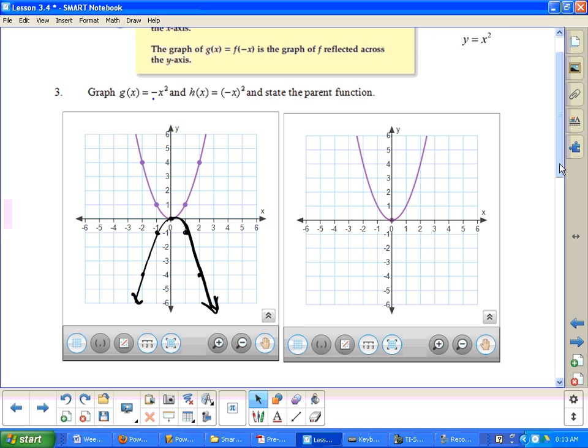Now, this one says the negative x, that whole thing squared. So think about it though. If you square a negative, what do you get? Positive. Correct? So what's going to happen here is that this is actually just the parent function itself. So if I was to reflect it horizontally, this means horizontal reflection.